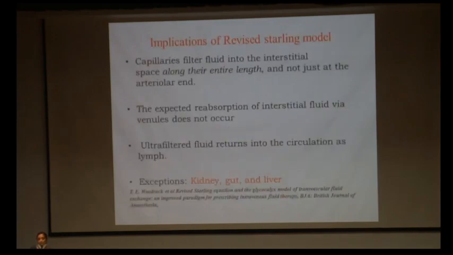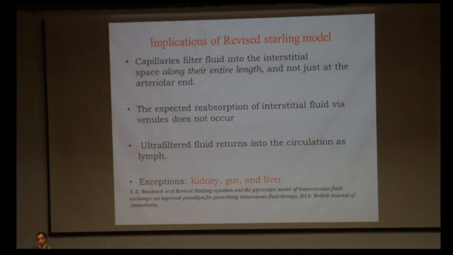And so what are the implications of the revised Starling model for fluid resuscitation? That the capillaries filter fluid into the interstitial space along the entire length and not just at the arteriolar end. And according to the model, the reabsorption of interstitial fluid via the venules does not occur because it is restricted by the subglycocalyx space which has a very low oncotic pressure.